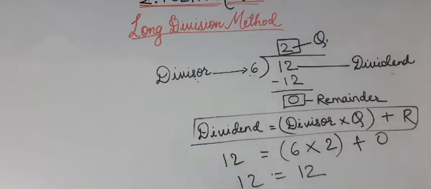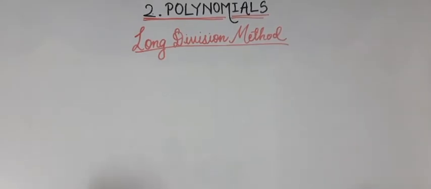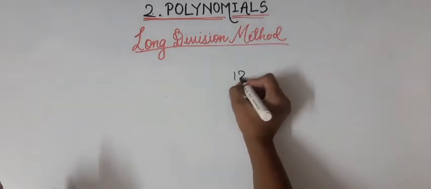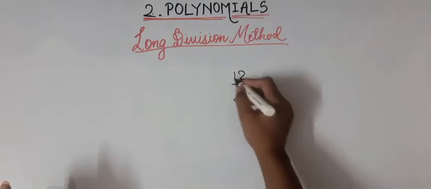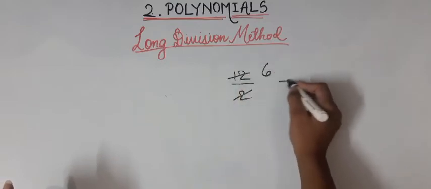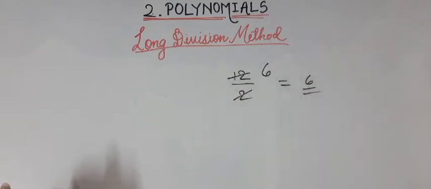Now let us move to the long division method for dividing polynomials. If I ask you to divide 12 by 2, what will you do? 2 into 6 is 12, and you will say, ma'am, the answer is 6. Correct. The same division method you can use for polynomials also, when two polynomials are there in division.